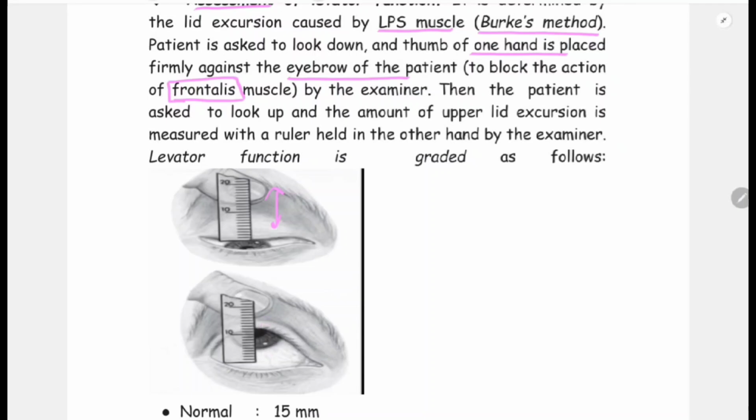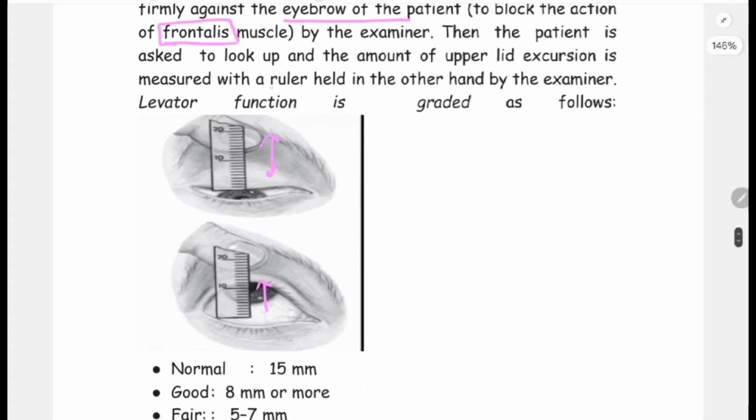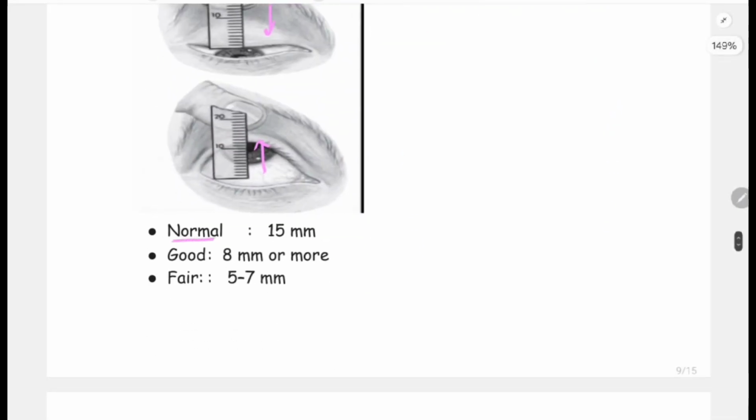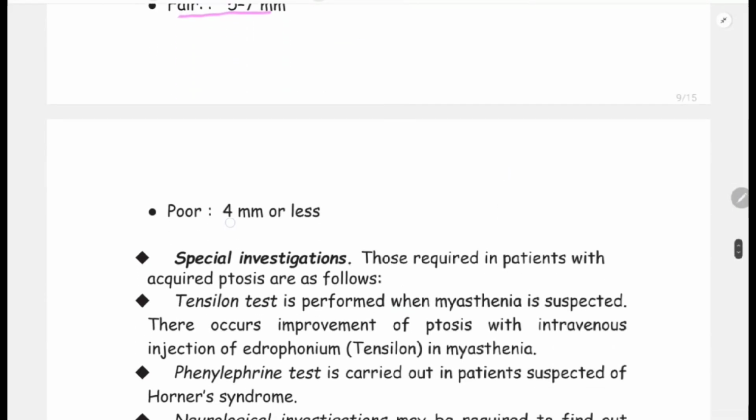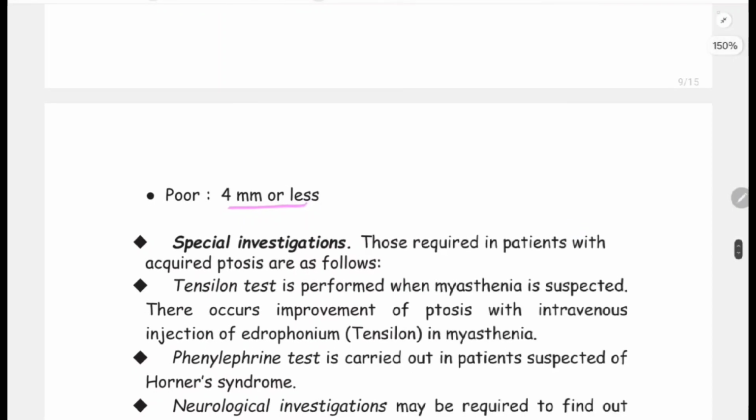And the amount of upper lid excursion is measured with the ruler held in the other hand by the examiner. Levator function is graded as normal if the excursion is 15 mm, good if it is 8 mm or more, fair if it is 5 to 7 mm, and poor if it is 4 mm or less.